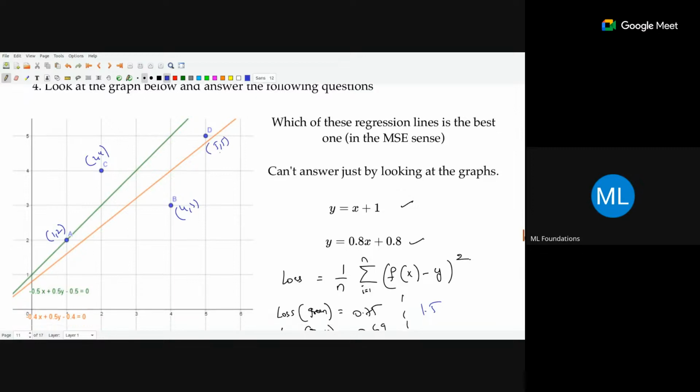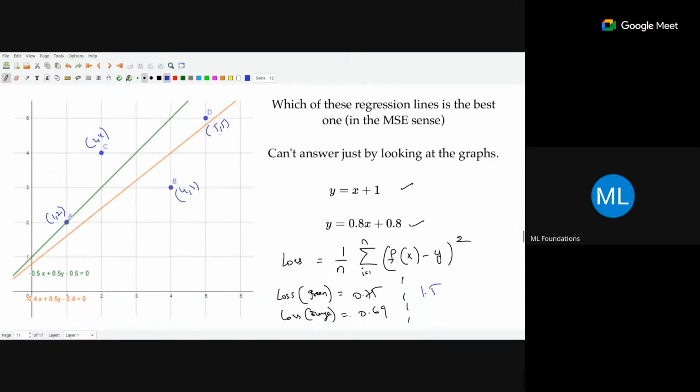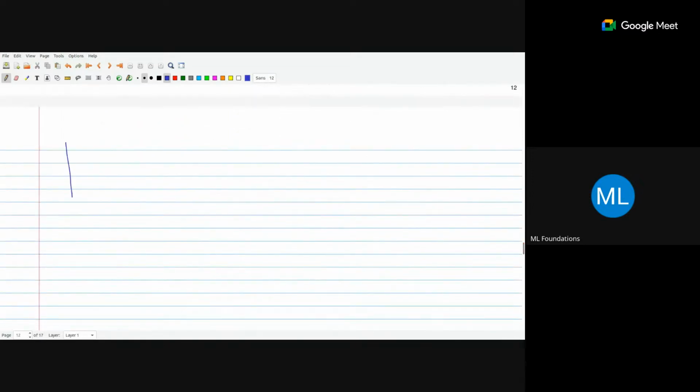Okay, so my f of x, this line, is y equals x plus 1. For the first point A, my loss will be 0. If you remember, you put it in a table and do all the stuff like x, y, and f of x.